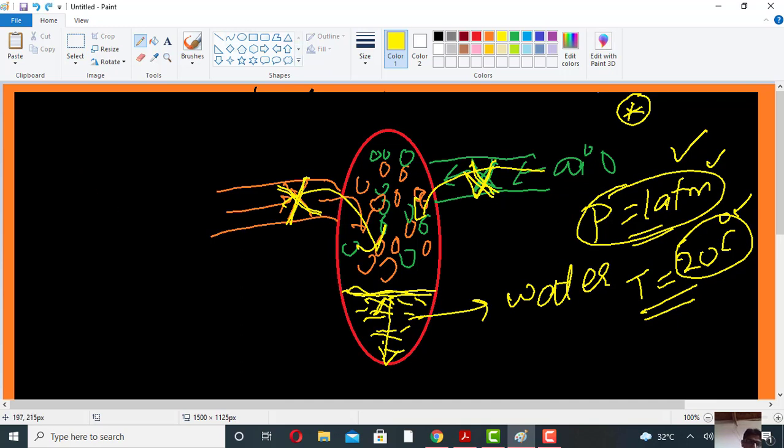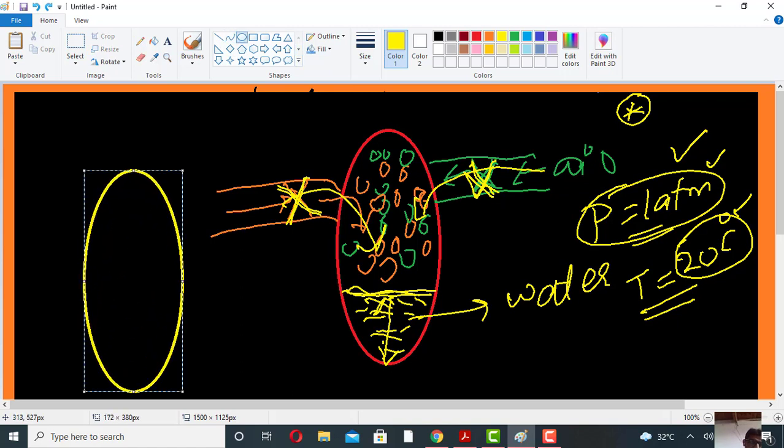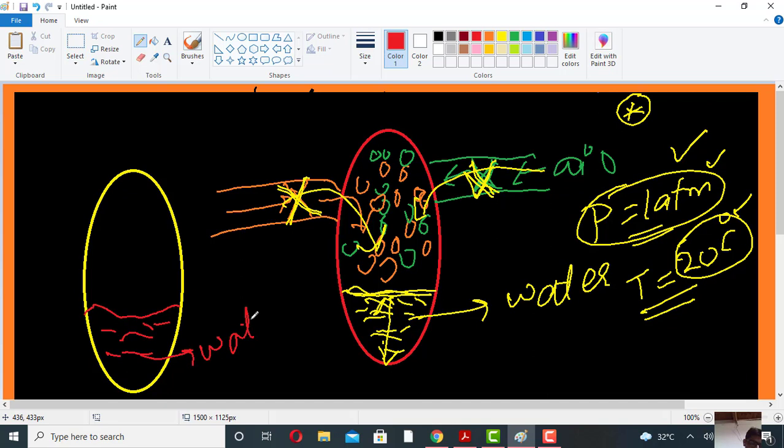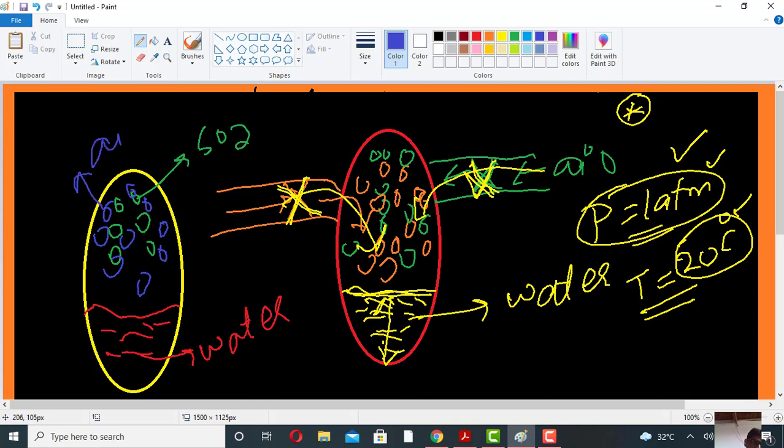We obtained a system like this: this is the water, this is the sulfur dioxide, and suppose this is the air.